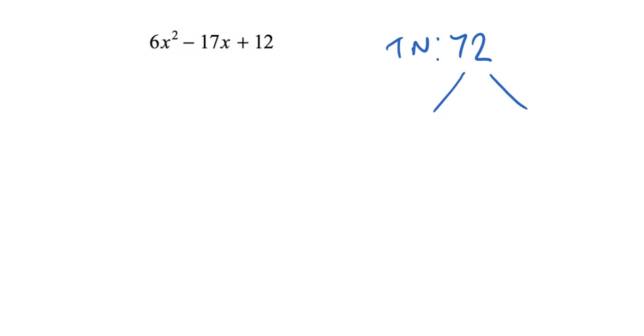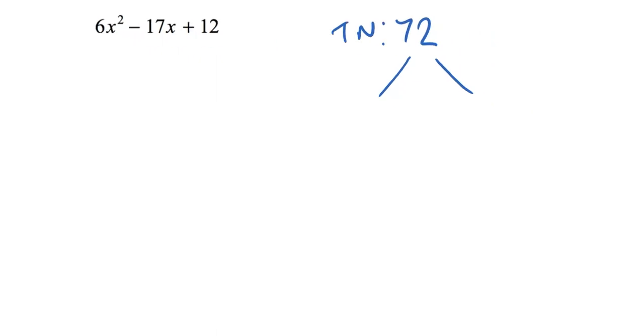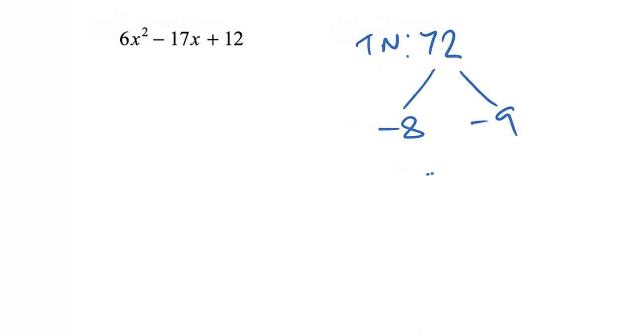Now, they're going to both have to be negative, so I don't know this off the top of my head, so let's start thinking about numbers that multiply to make 72. Well, the first one that I can think of is going to be 8 times 9, and of course 8 plus 9 is 17. We're going to be in straight away, so it's going to be minus 8 and minus 9 here. Okay, so let's rewrite this.